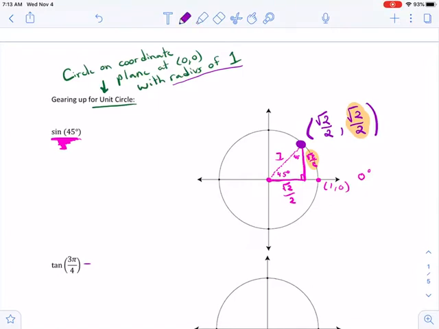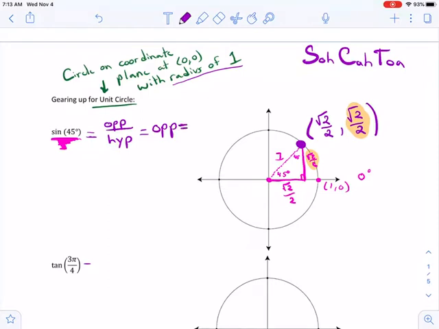And if I had to figure out sine of 45, I go way back to the most basic understanding around SOH CAH TOA. I know that the sine of 45 has to be opposite divided by hypotenuse. The wonderful part about the unit circle is our hypotenuse is always 1. So this really just means that I just have to get my opposite value, opposite that 45 degrees.